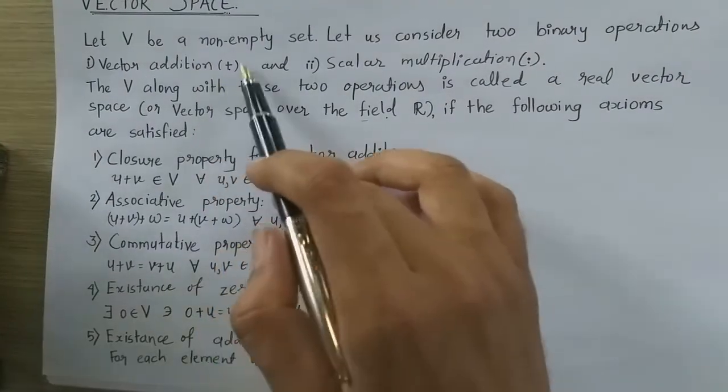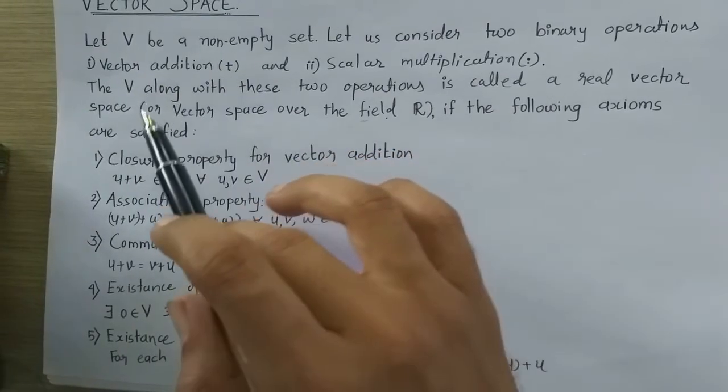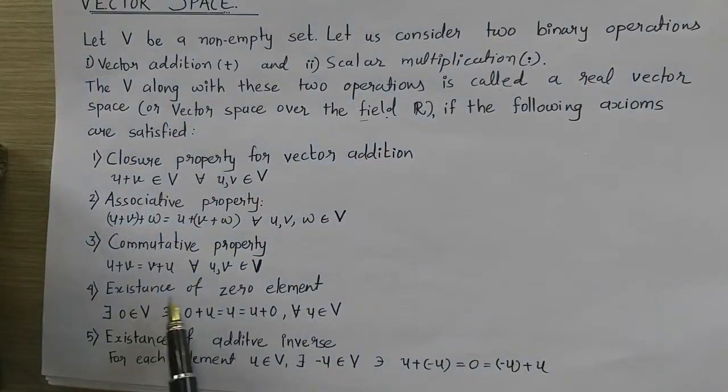Here it is vector addition and for addition we get a zero element. So existence of zero element, that means there exists 0 belongs to V such that 0 plus u is equal to u plus 0 for all u belongs to V. Fifth is existence of additive inverse.